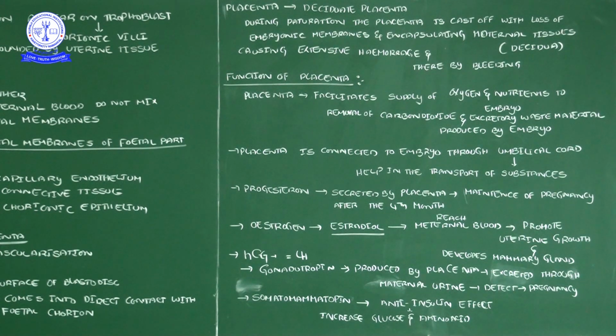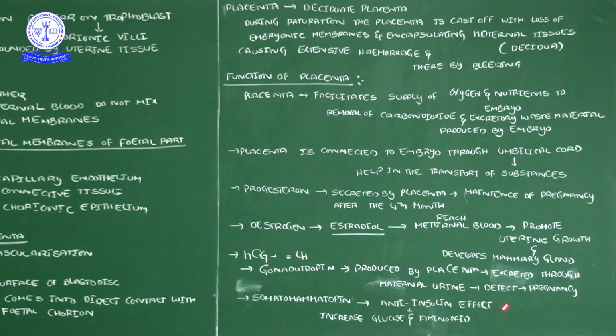For confirmation, nowadays some strips are available in the market. If one small drop of urine is poured on the strip, it will automatically indicate by a color change whether pregnancy is confirmed or not.